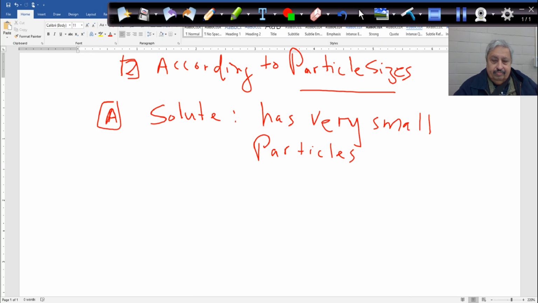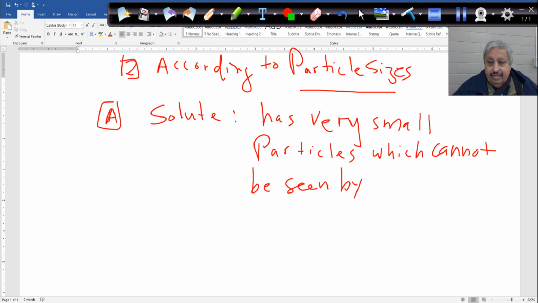So, or it has small particles, and those particles cannot be seen by any means.